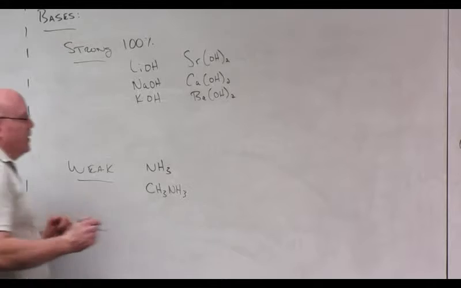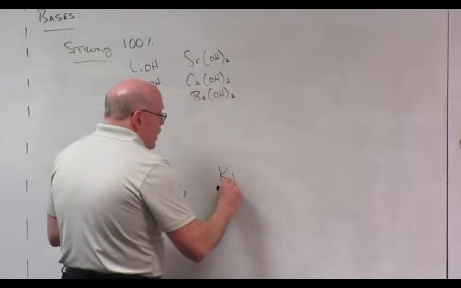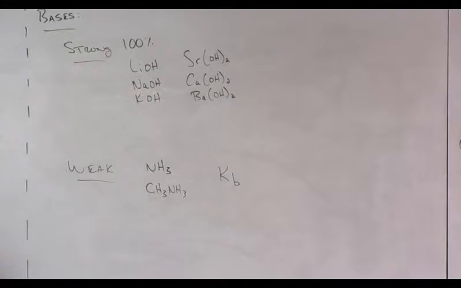The equilibrium constants now for these are Kb. Everything that we talked about for Ka applies to Kb. It's a measure of the strength of the base. It's just the analogous term of using a base instead of an acid.